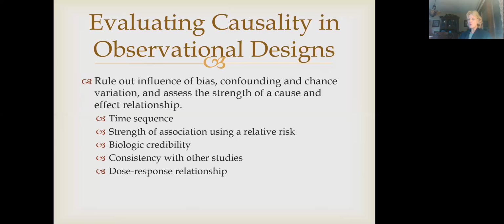And you want to know about the biological credibility. So does this make sense physiologically, biologically? And you want to compare the findings with other studies. Is it consistent or is it different? And is there a dose response relationship?